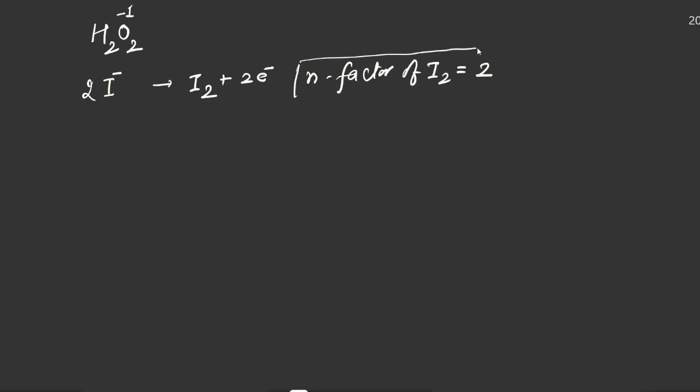So H2O2, another is I negative. N factor of I2 is 2.